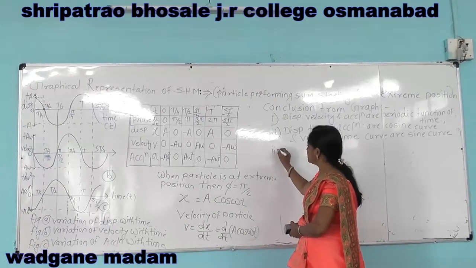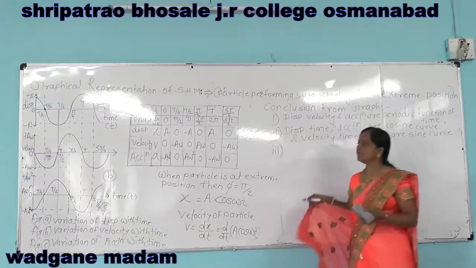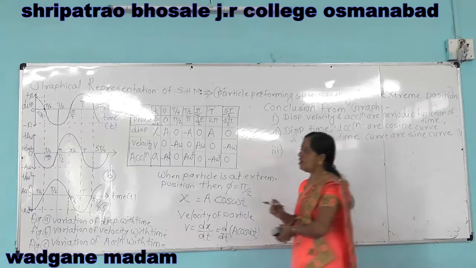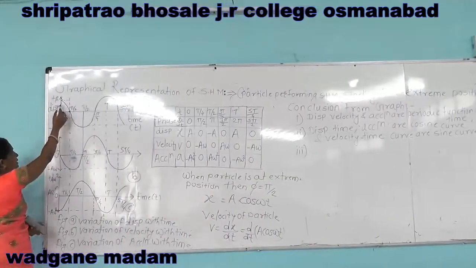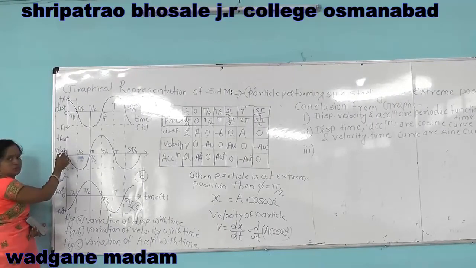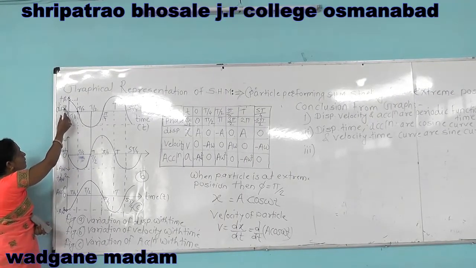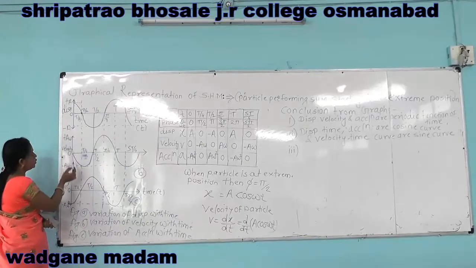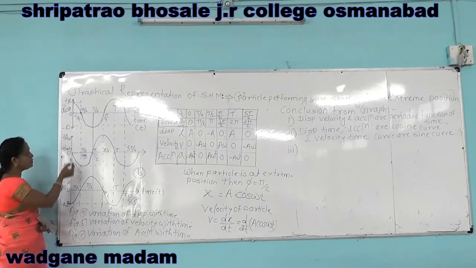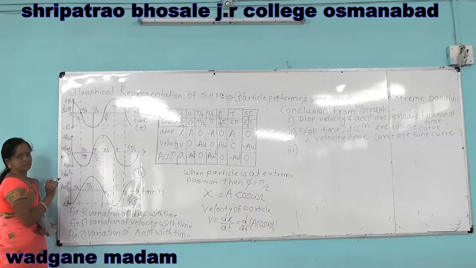Then the third conclusion is that there is a phase difference of pi by 2 between displacement and velocity, and also there is a phase difference of pi by 2 between velocity and acceleration.